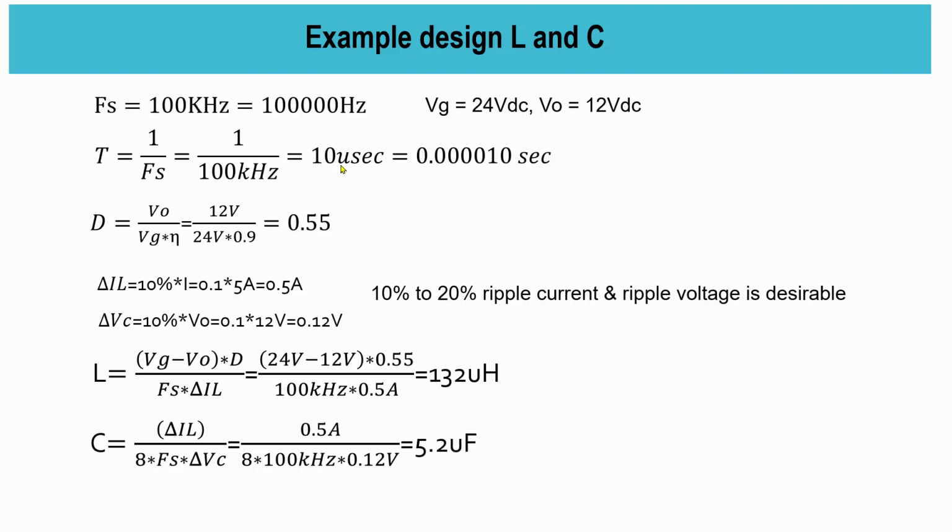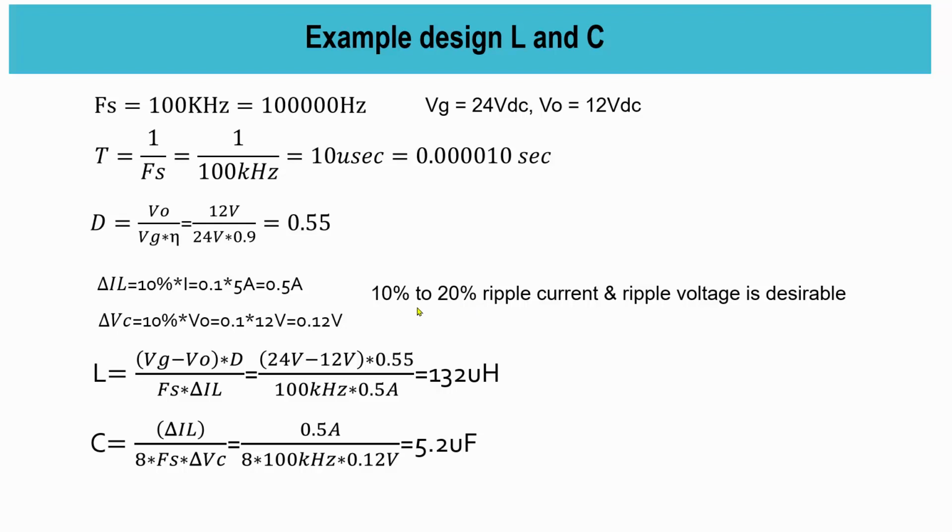Now our next step is to pick the ripple current and ripple voltage. Normally people design the inductor ripple current or ripple voltage between 10% to 20% compared to the load current or the load voltage.